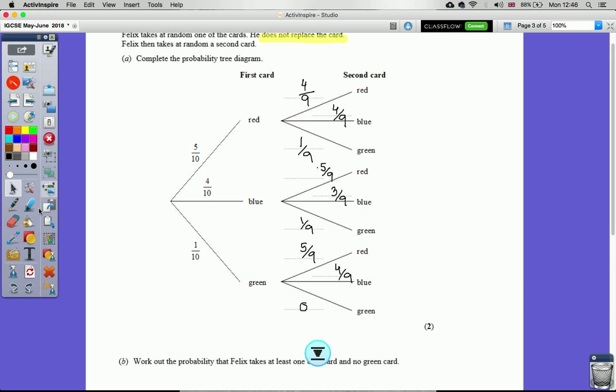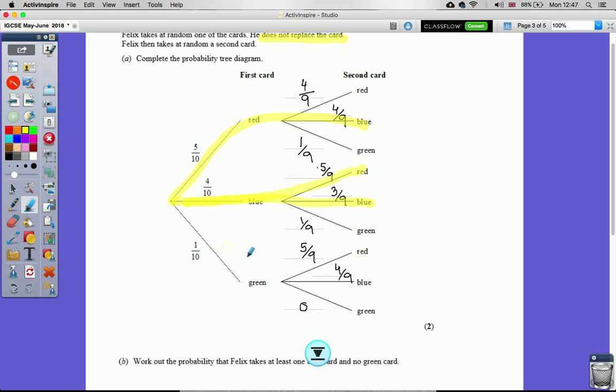Okay, so let's look at the probabilities. At least one blue means he has a minimum of one blue card. So he can get a red and blue, a blue and a red, and a blue and a blue.